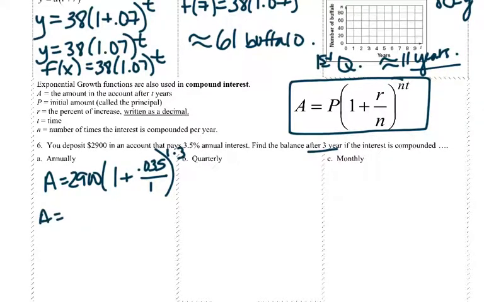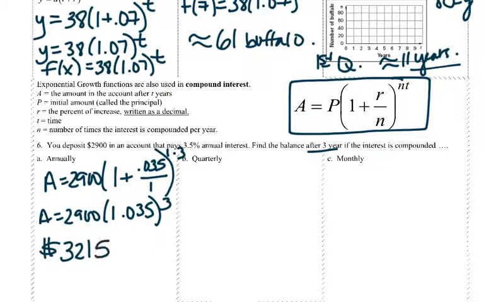So what I'm going to type in my calculator is 2,900 times 1.035 cubed. And I can just do this on the regular screen, and I'm going to round it to the nearest penny. So 3215.28.